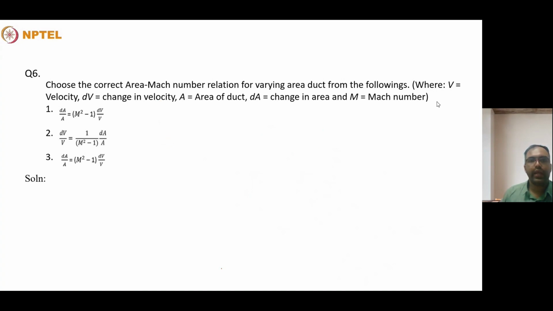Choose the correct area Mach number relation for varying duct from the following, where V equal to velocity, dV is equal to change in velocity, A equal to area of the duct, dA equal to change in area, and M equal to Mach number. So what will be the equation for the change in area, differential area, to the change in velocity?